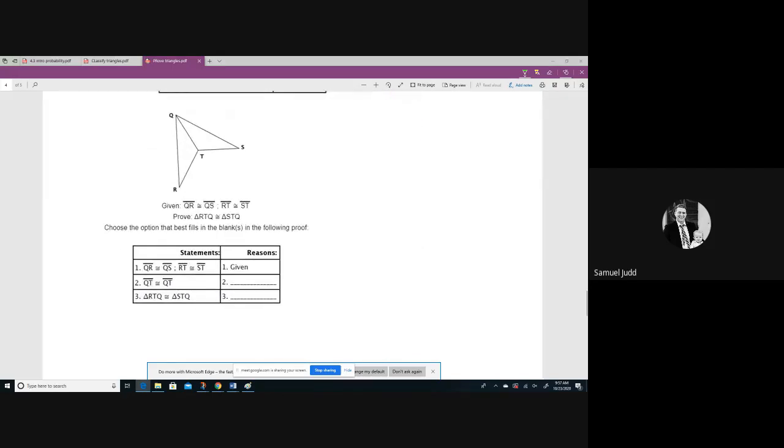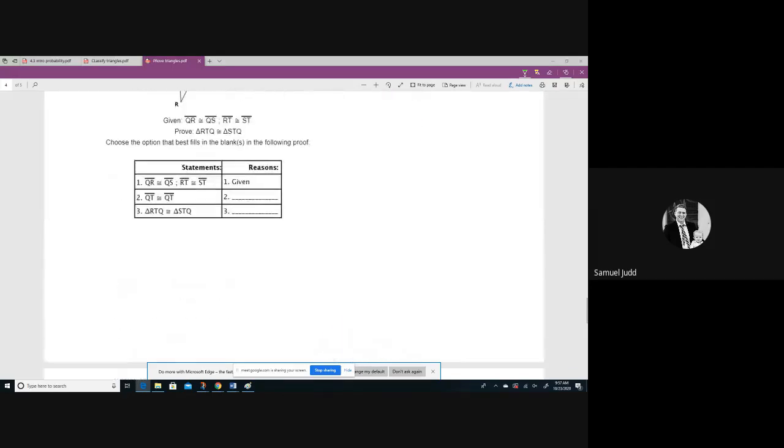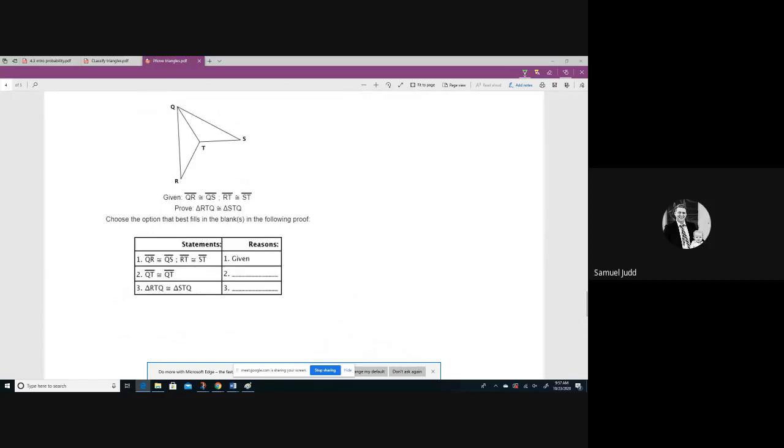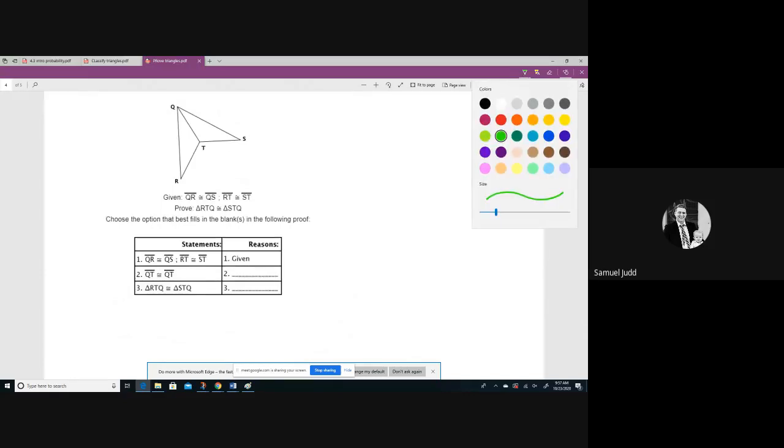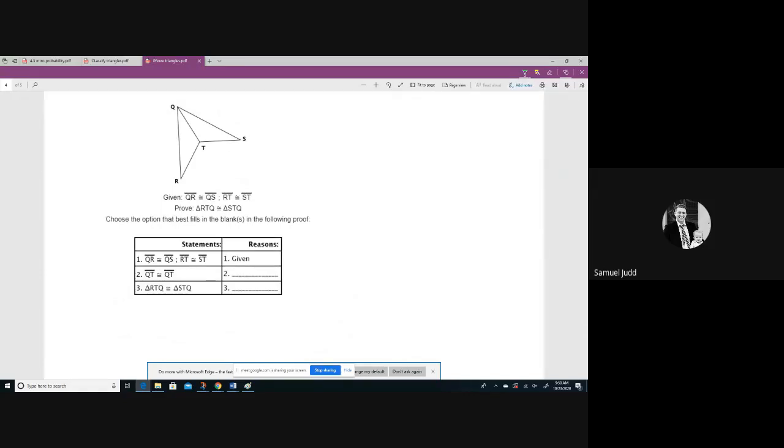Now let's move on to the next one. So we have two triangles. We are given that QR and QS are congruent. All right, let's mark those. QR, QS.